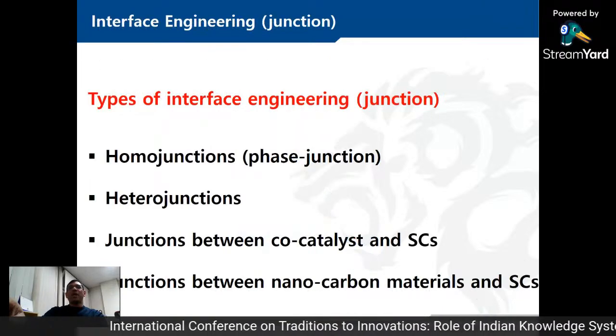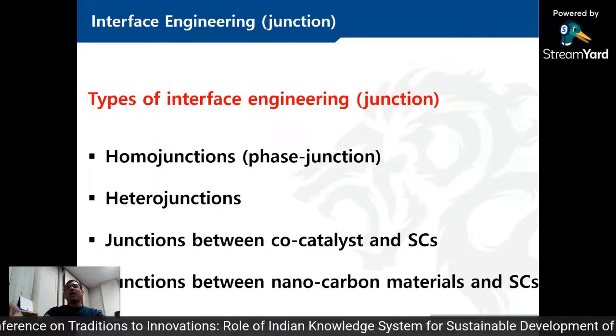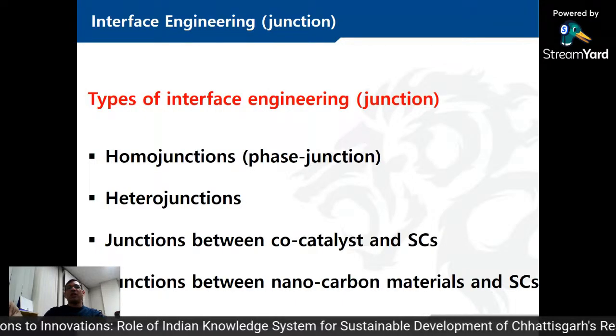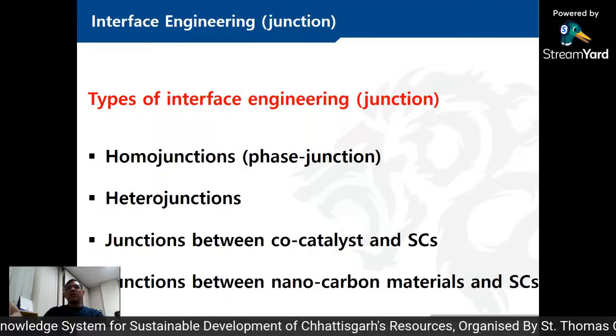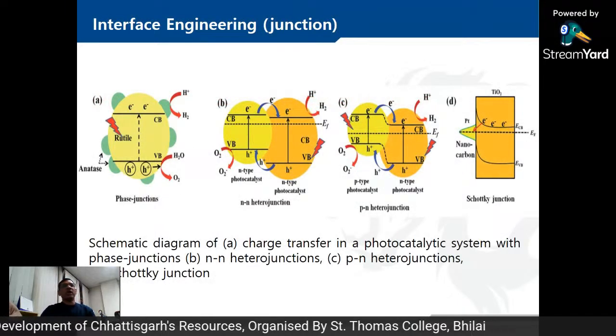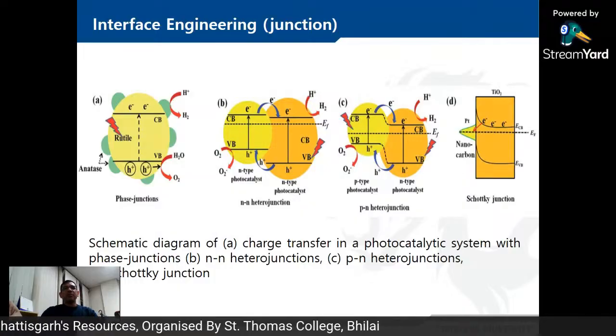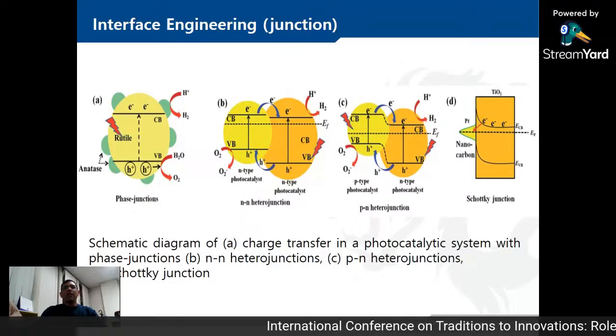And apart from that, the types of interface, like a homojunction, an NN junction, or a heterojunction, or the co-catalyst with the semiconductors, and heterojunction carbon materials are some of the criteria which we have to generate or check. So this is one of the interface engineering junctions which most researchers adopt. This is a single phase junction, or rutile.